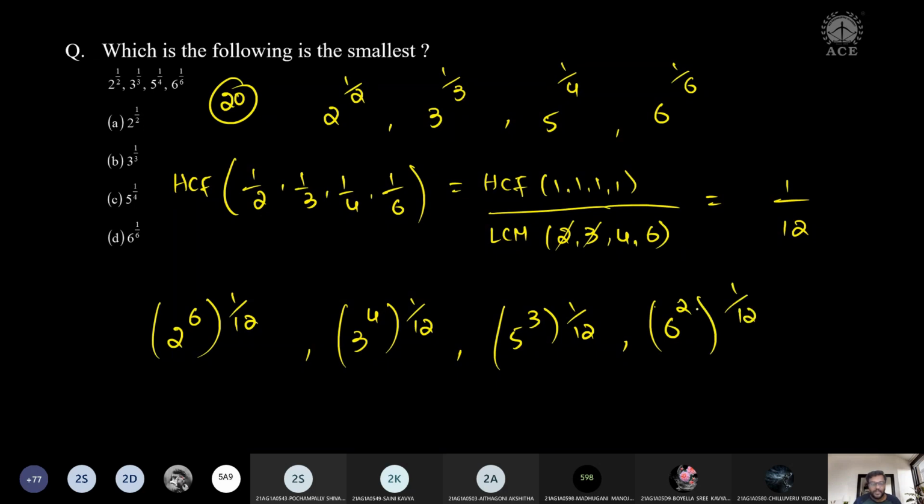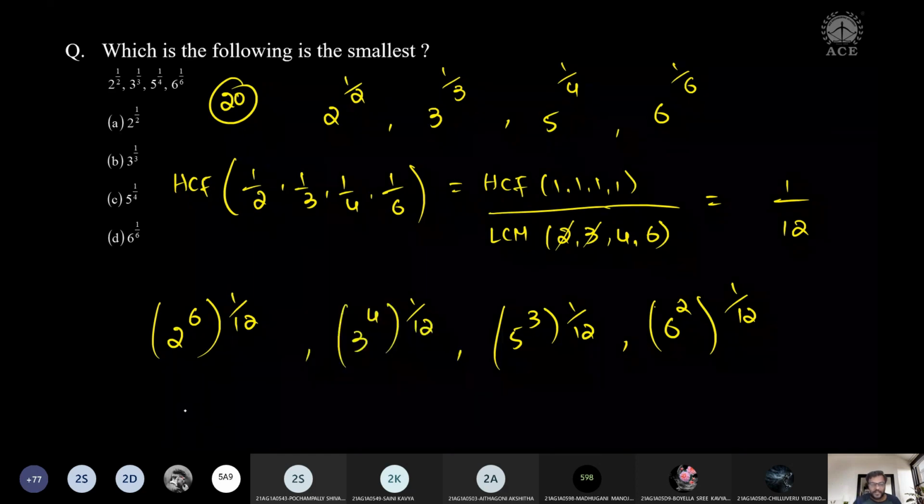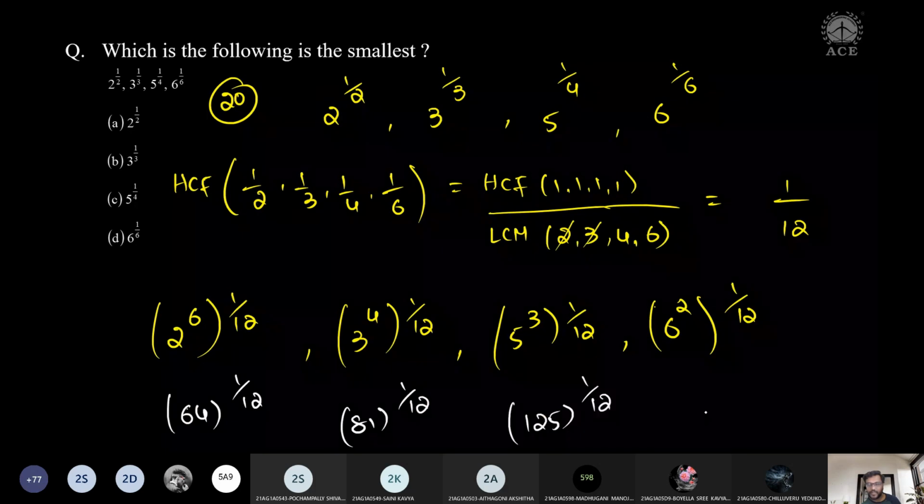Now listen, my dear friends, if you just work on this, we'll get 2 power 6 means 64 to the power 1 by 12, 81 to the power 1 by 12, 125 to the power 1 by 12, 36 to the power 1 by 12.